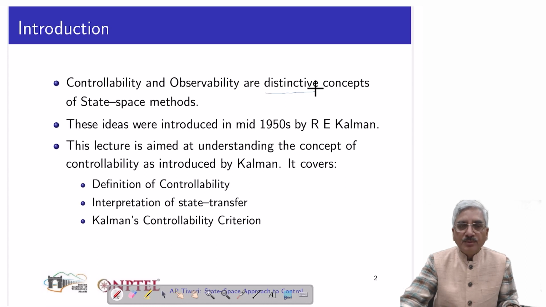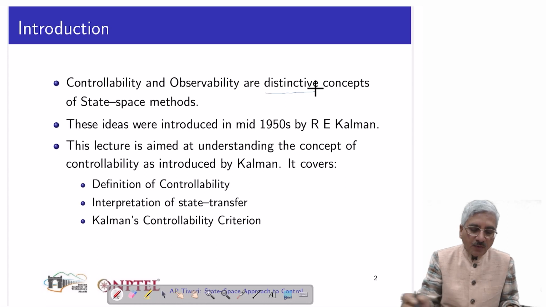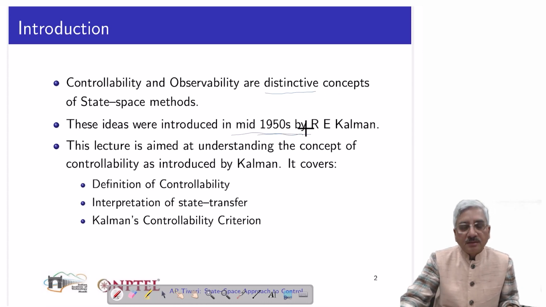Subsequently, however, there have been attempts to adopt these concepts, controllability and observability, also through the transfer functions. So these ideas were introduced in the mid to late 1950s and early 60s.